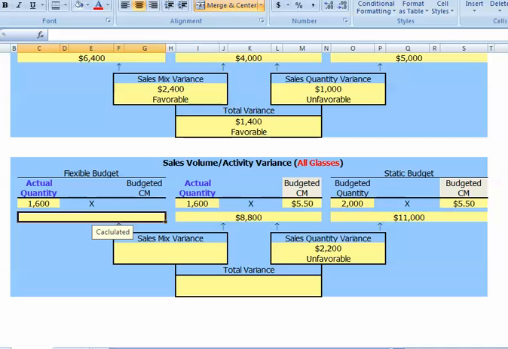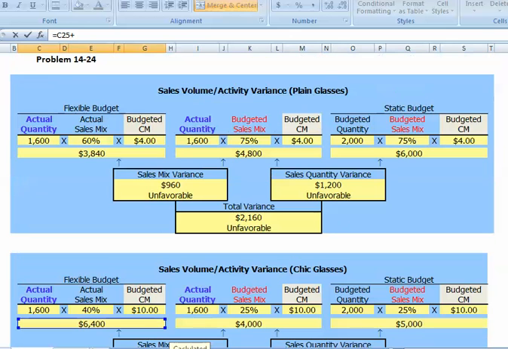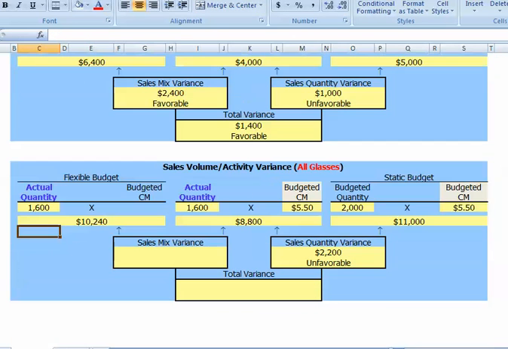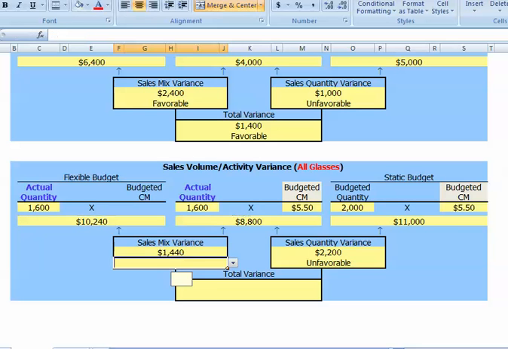We can get this amount as simply what? It's our flexible budget for chic glasses plus our flexible budget for our plain glasses, 10,240. Our sales mix variance, the difference between these two, 1,440.